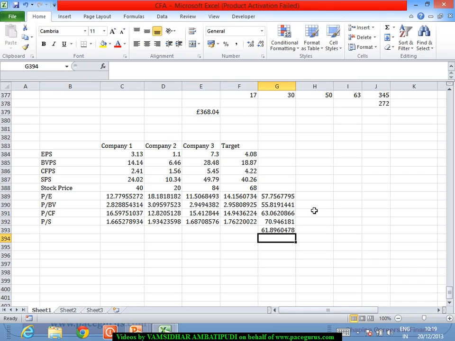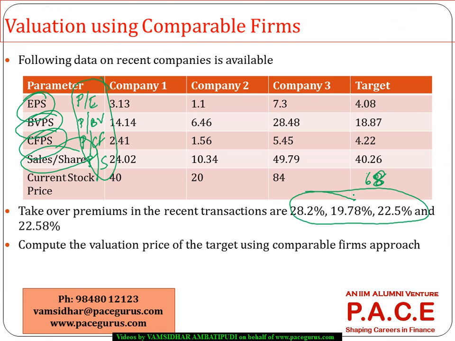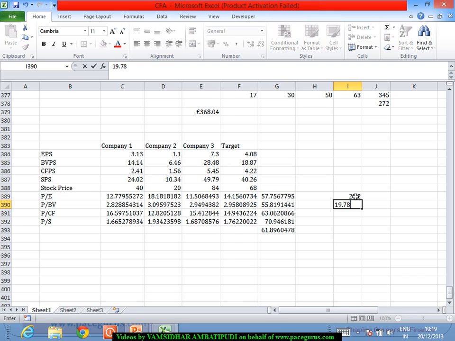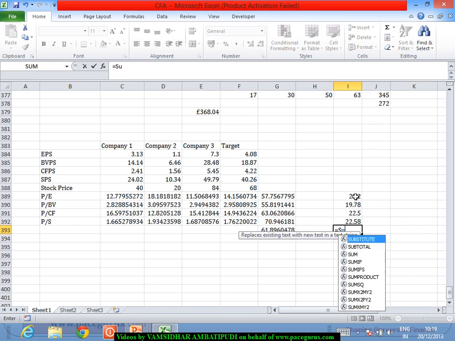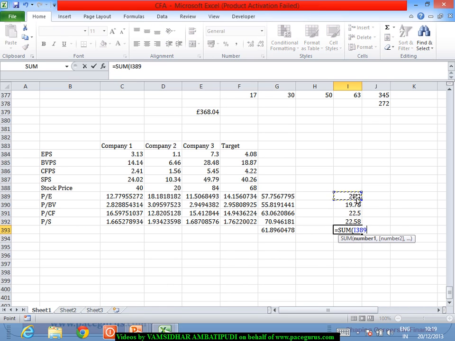In one of the transactions the premium was 28.2%, 19.78%, 22.5% and 22.58%. So when I am doing the average, generally it has come to somewhere around 23 odd percent.